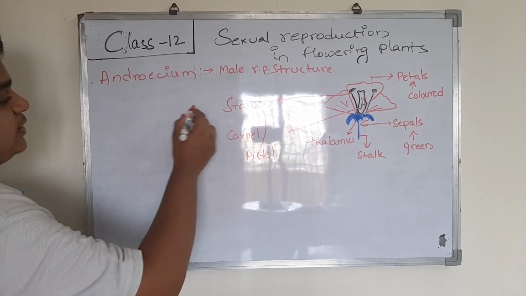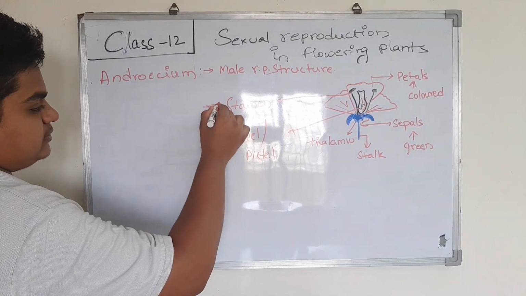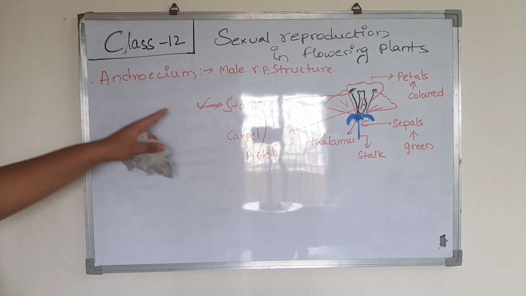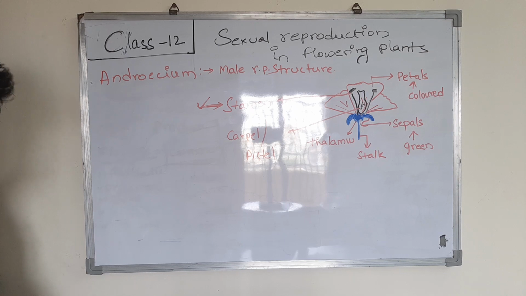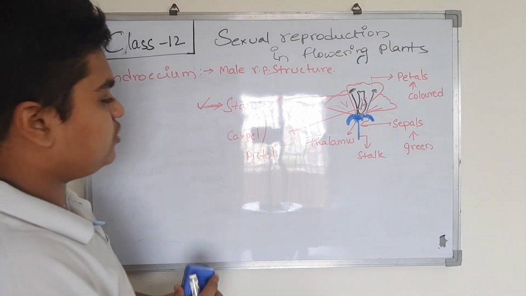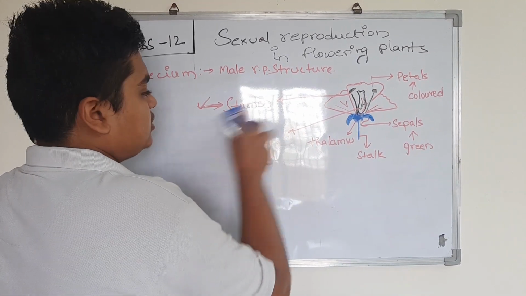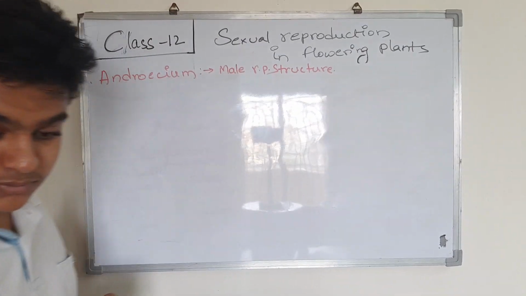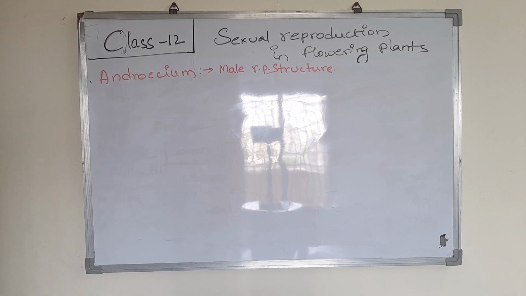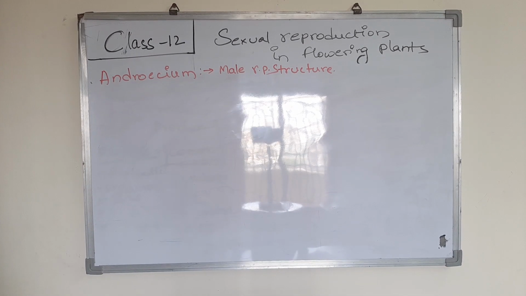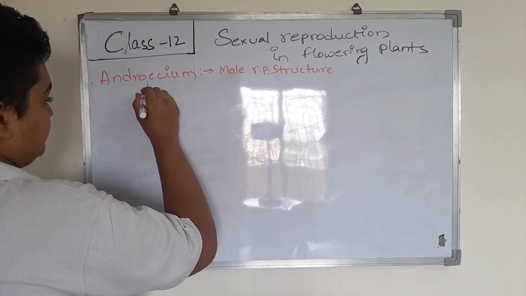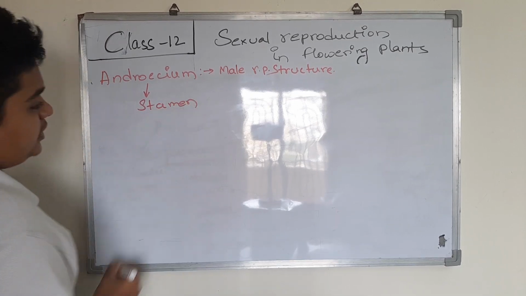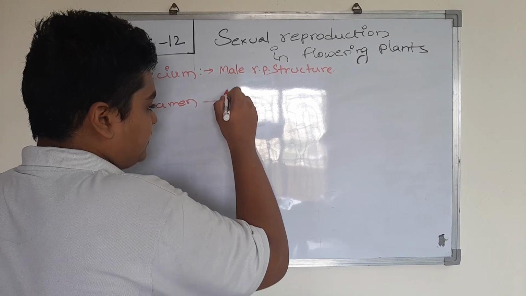In today's video, we will be discussing this stamen. Stamen is the male reproductive structure, which is generally called the Androecium. In the stamen, we have two different parts.